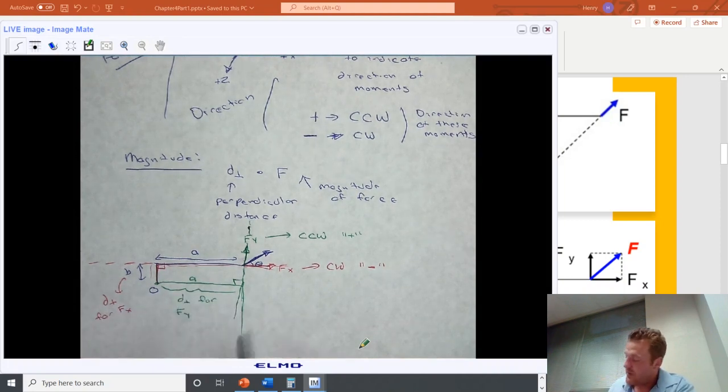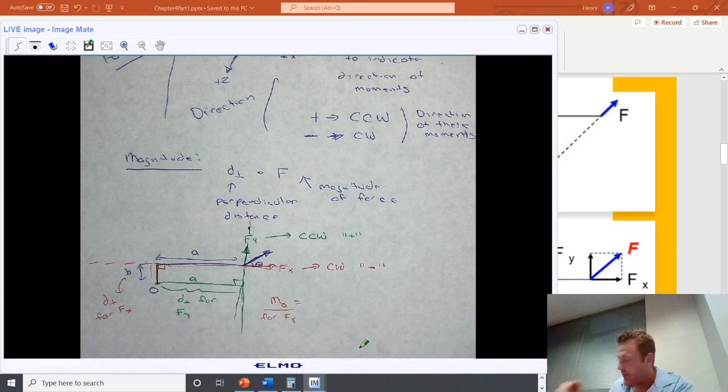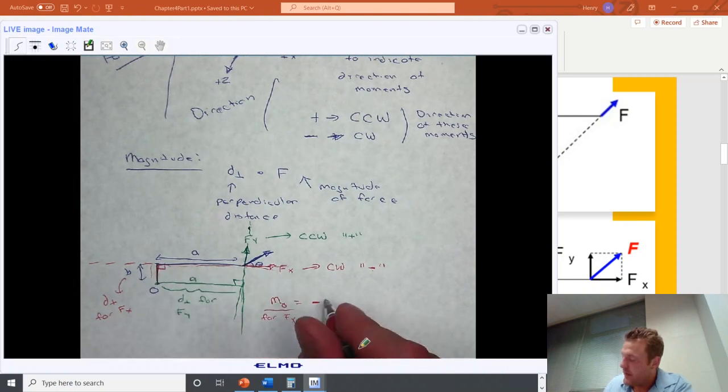So if I wanted to compute the moment of the force Fx, the first thing I have to do is add in my sign corresponding to the sense of the rotation. Then I multiply by my perpendicular distance, which is B. And then I multiply by the magnitude of the force, which is Fx. Or maybe I could write that as minus B F cos theta.